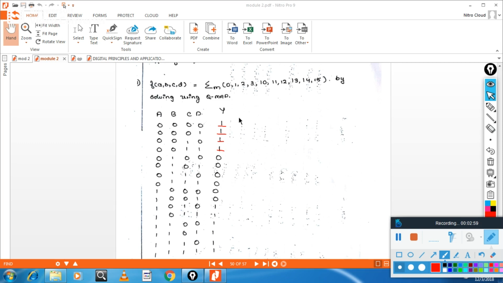We will call this stage 1. In stage 1, we will write those terms which show output equal to 1. For example, in this case, we will write 0, 0, 0, 0 first.